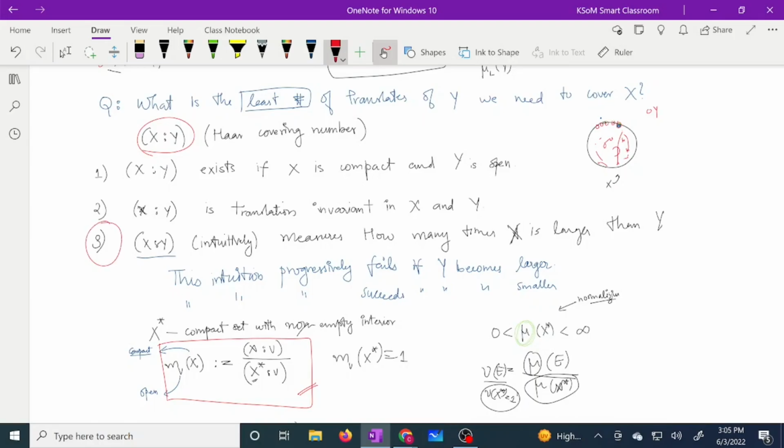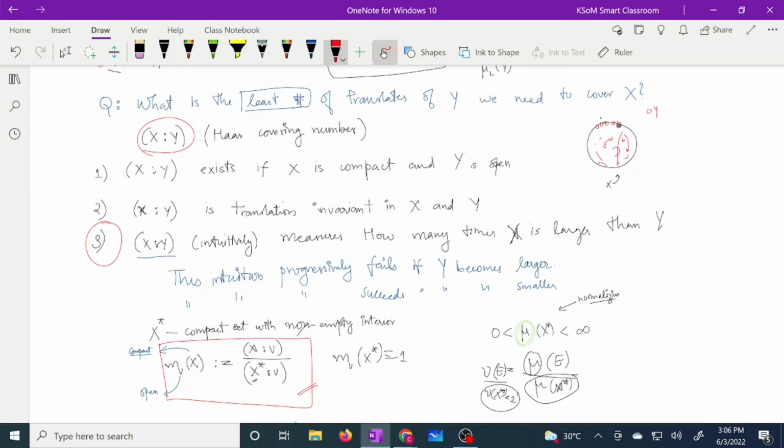But if y is going smaller and smaller, this number will go to infinity. There is every possibility that this number might go to infinity, and for a compact set which we expect to have finite measure, our guess going to infinity is not possible, which should not happen, right? So somehow I need to control the growth of this, and at the same time I need to fix a base element also, something like fix that this is 1 for me.